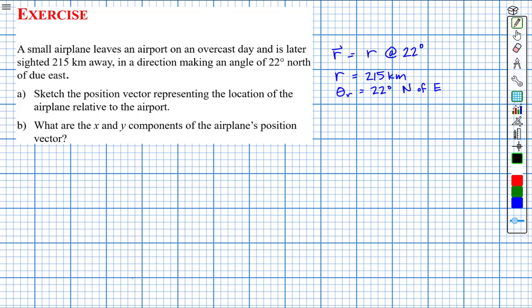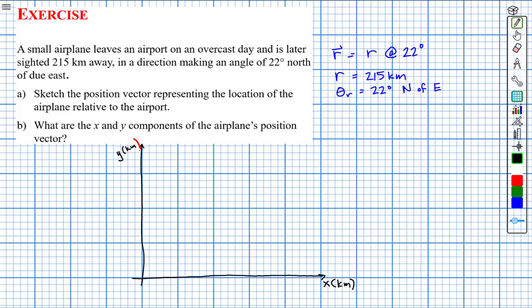Our rectangular coordinate system will have an x-axis, which will be horizontal. The scale will be in kilometers, and we'll have a y-axis, which will be vertical, and the units of the y-axis will also be in terms of kilometers.